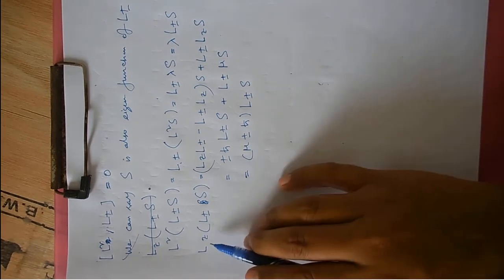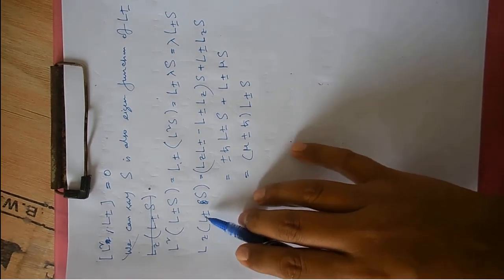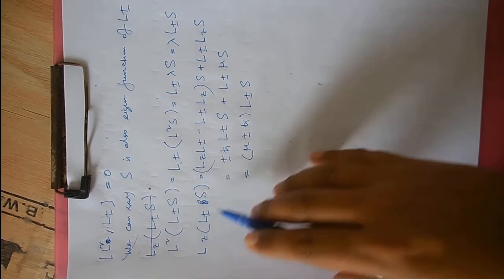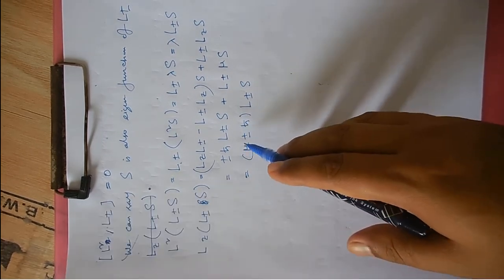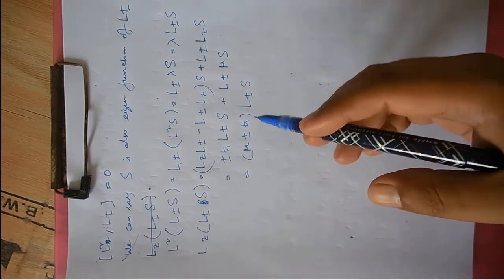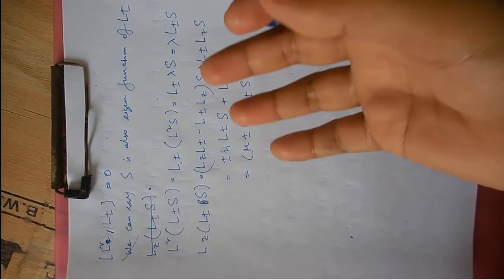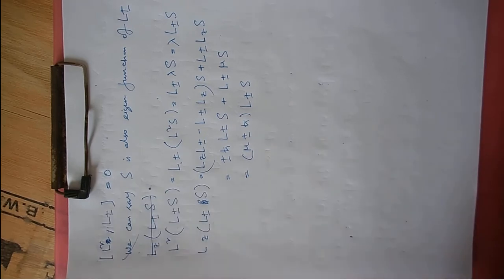Now we can understand that if we operate Lz on L plus minus S, and treat this as the eigenfunction, then we will get its eigenvalue. Here is the similarity with what we did in the harmonic oscillator.